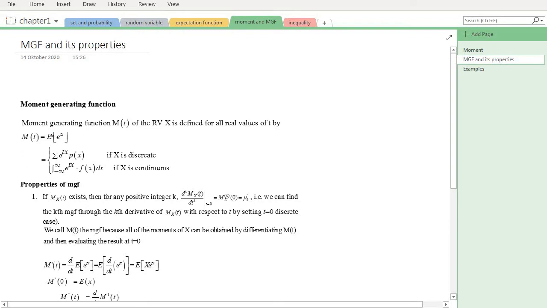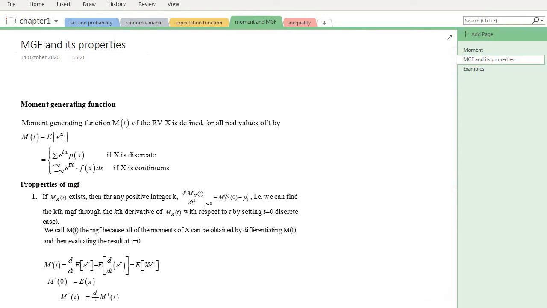So how do we form this kind of formula? We can move to the other file to show how we can obtain it. After knowing the idea behind it, we can further study the properties and how we can benefit from using the moment generating function.